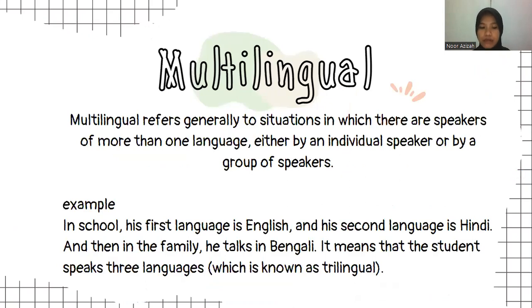The next is multilingual. Multilingual refers generally to a situation in which there are speakers of more than one language, either by an individual speaker or by a group of speakers. It is believed that multilingual speakers outnumber monolingual speakers in the world population.